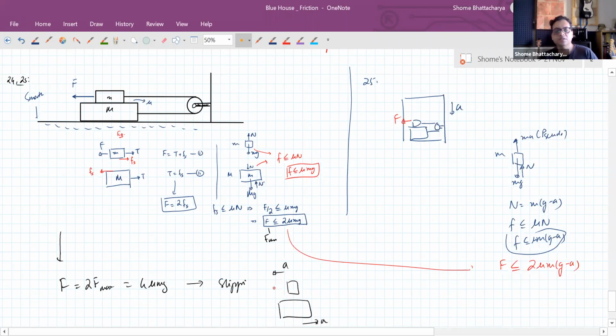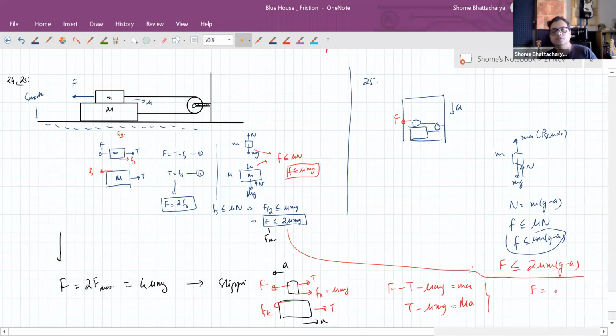And just make the FBDs. On this, kinetic friction will act, so that is mu mg. On this, tension and kinetic friction. So F minus T minus mu mg is ma, and T minus mu small mg is capital Ma. And just substitute the value of F in this.